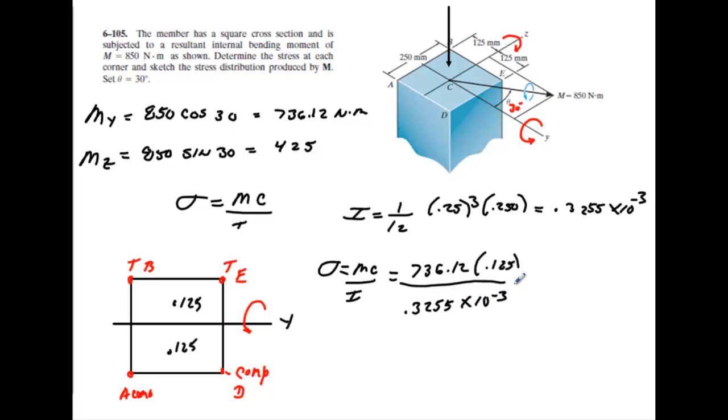Grab the calculator real quick and run that value: 736.12 times 0.125, divided by 0.3255 times 10 to the minus 3.